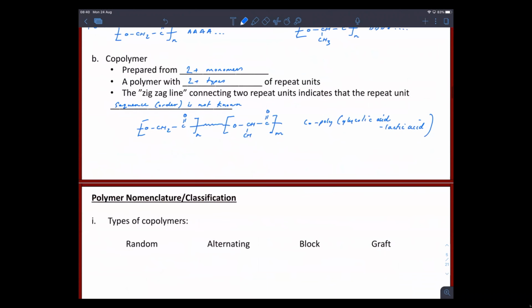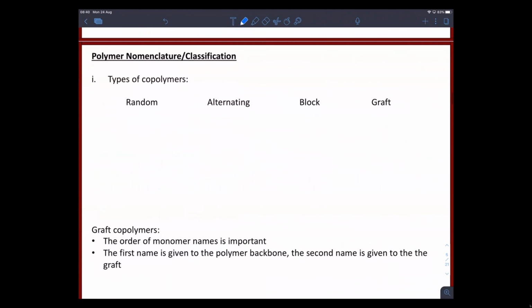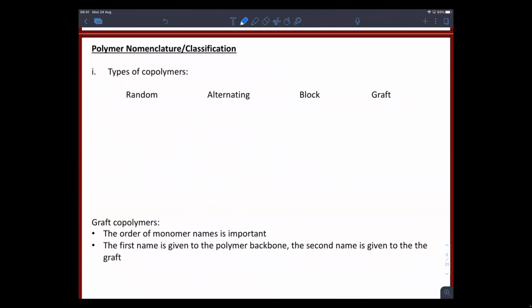So then we can start, you've seen this before, but we can start to add sub-expressions to different copolymers to explain how the monomers are distributed within that polymer. If we just use expressions A and B, we've got two different monomers.